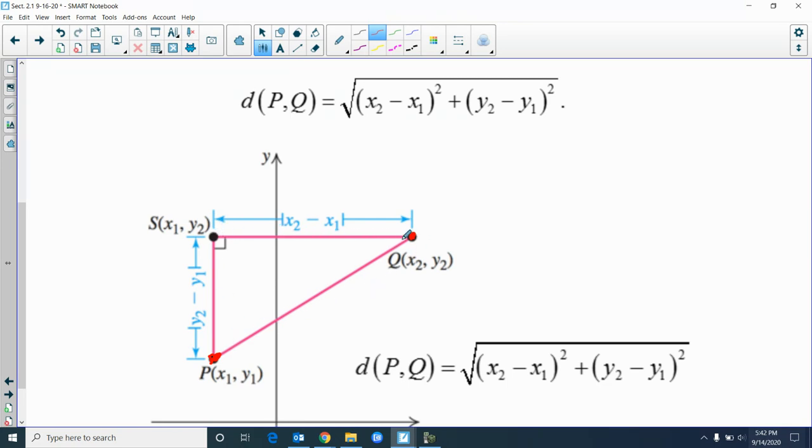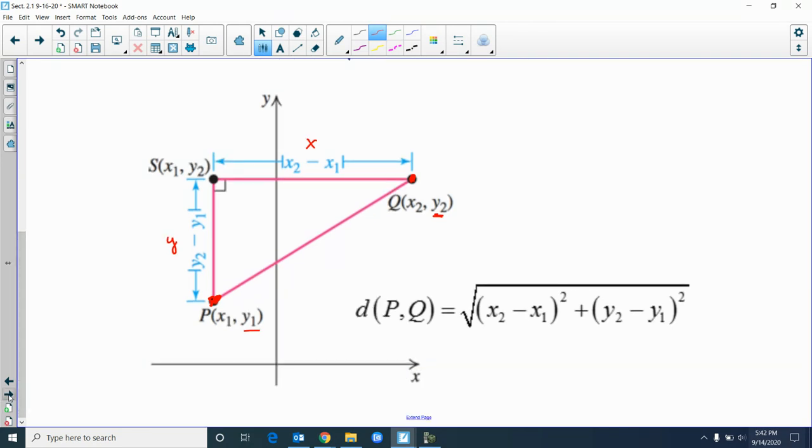The horizontal leg will be the difference between the x coordinates, x2 minus x1. The vertical leg will be the difference between the y coordinates, y2 minus y1. So you can figure out your horizontal length and your vertical length, those sides of the triangle, and using a squared plus b squared equals c squared, you can get the distance. But we can do this without drawing everything out, just by using the distance formula.